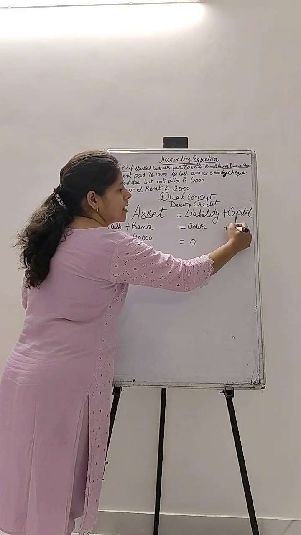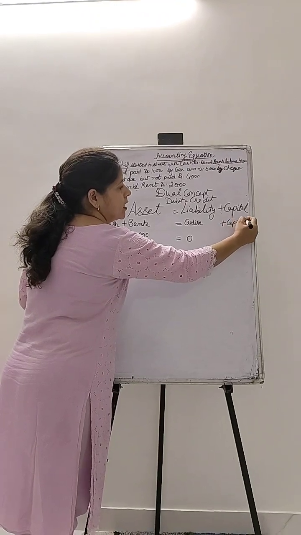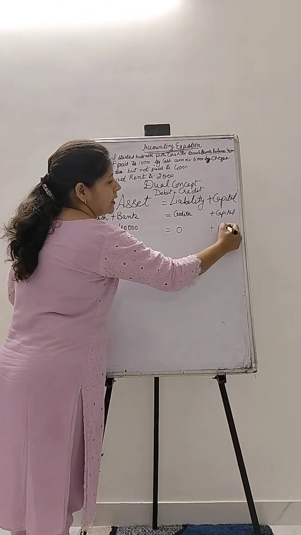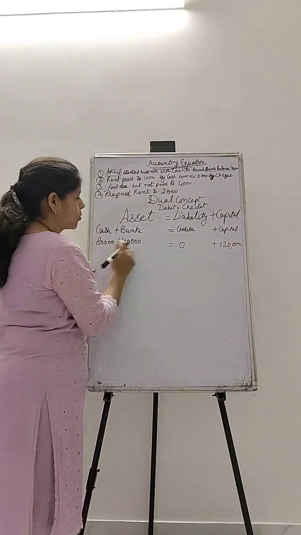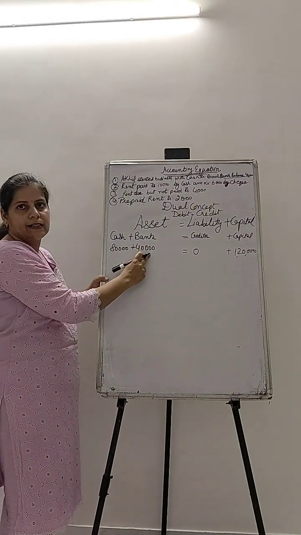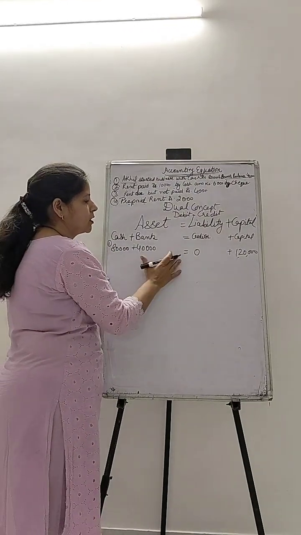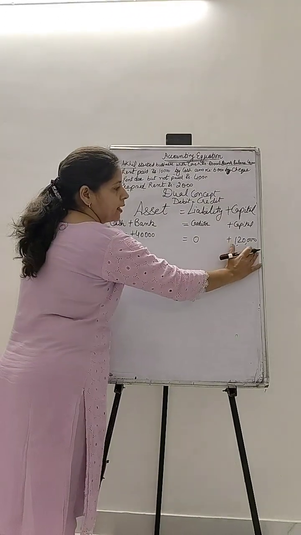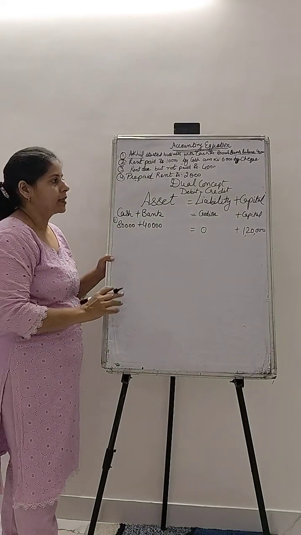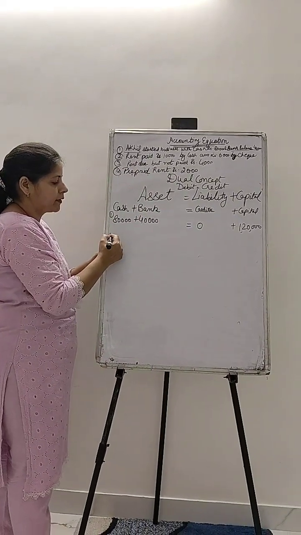Rather, the owner himself has invested rupees 1,20,000 in two forms, one is cash balance and second is bank balance. So the total after the first transaction is 1,20,000 equating with 1,20,000. So debit is equal to the credit.